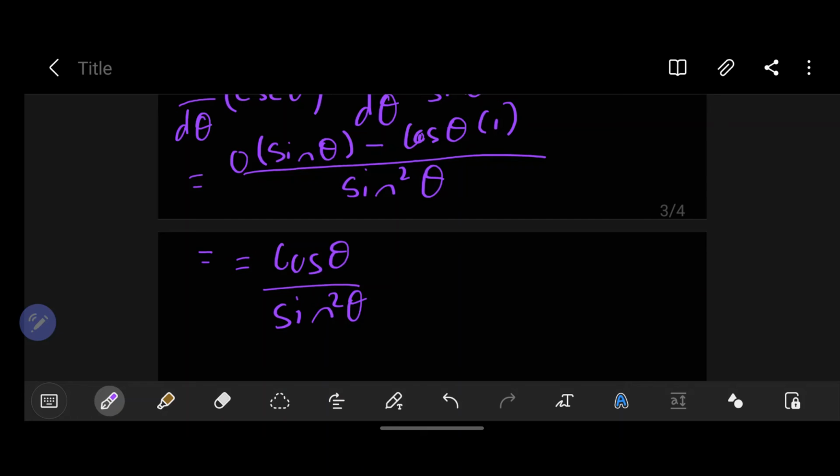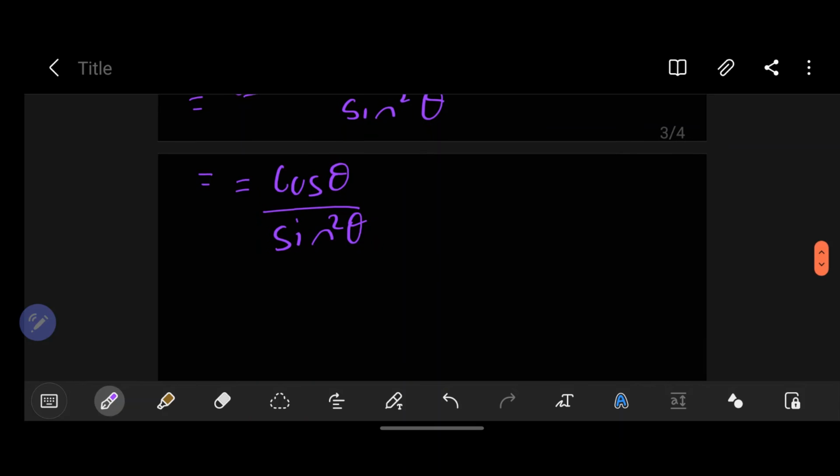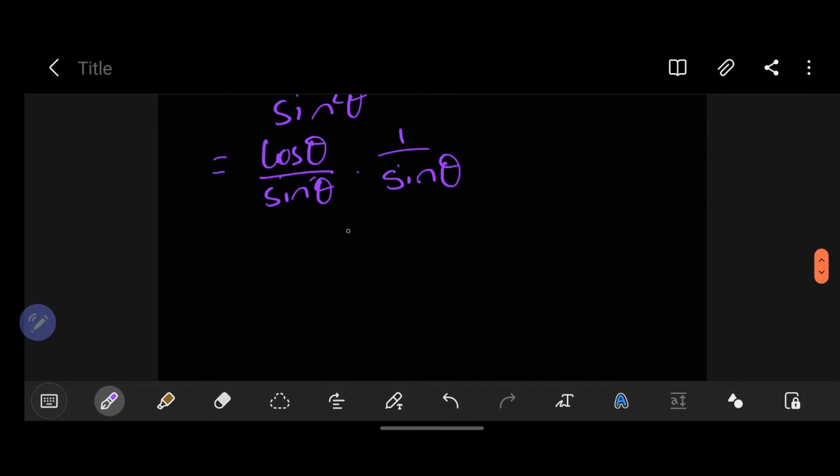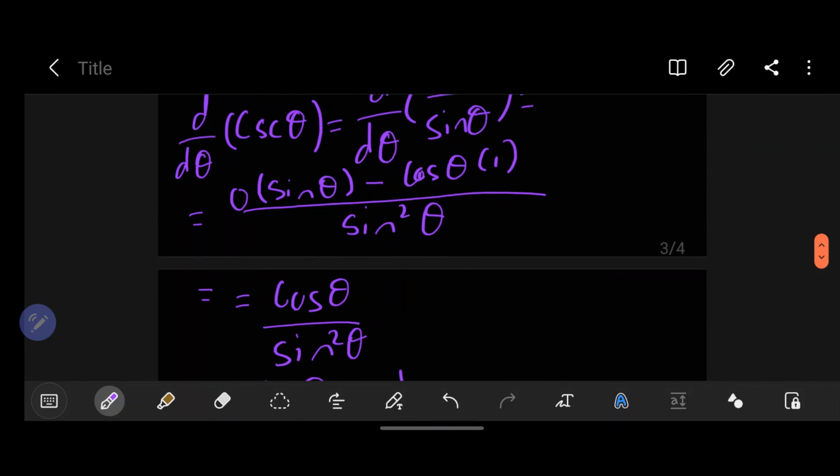And I can always write this as cos theta over sine theta times 1 over sine theta. So I can write this as cot theta, sorry, there's a negative.